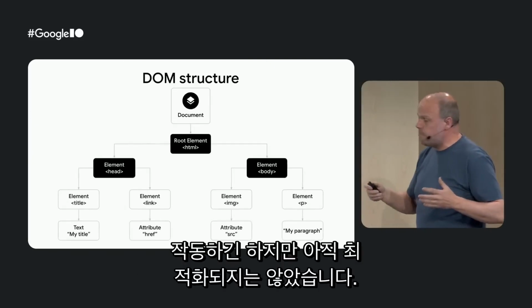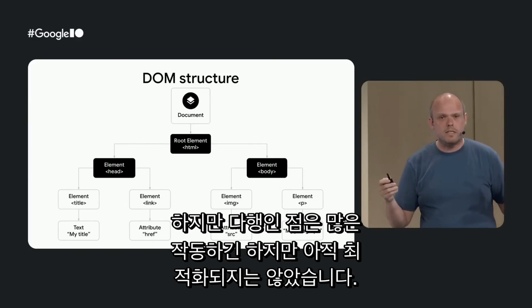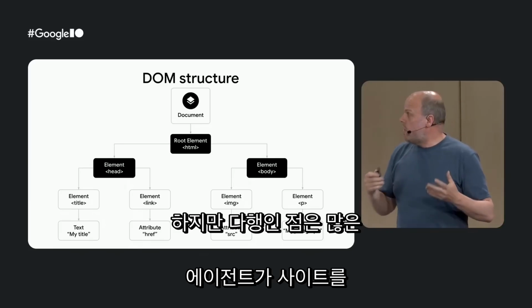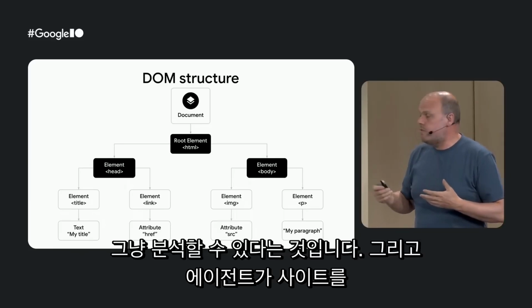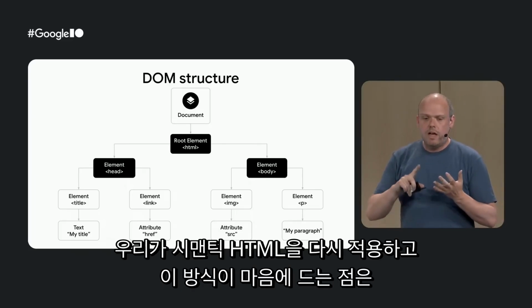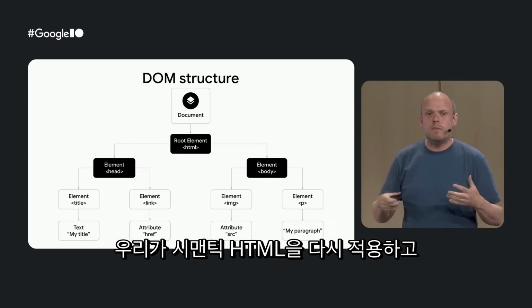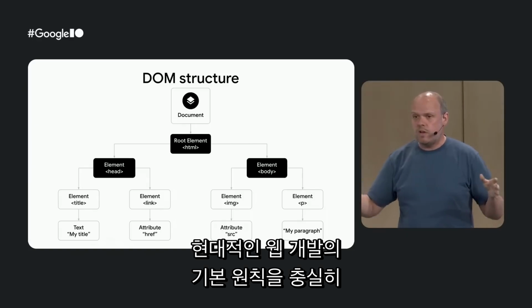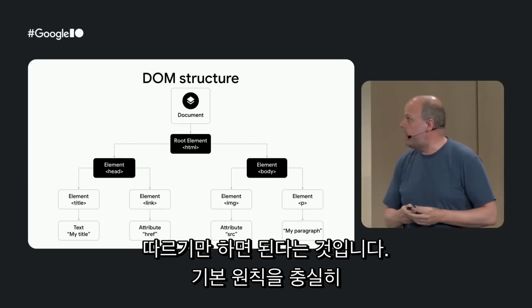But the great thing is, many agents can just analyze the site, either by looking at screenshots or understanding the DOM. And one of the things that we like about this is it really just requires us to recommit to semantic HTML, ensuring accessibility, and just recommitting to the basic principles of modern web development, things that arguably we should already all be doing as developers.